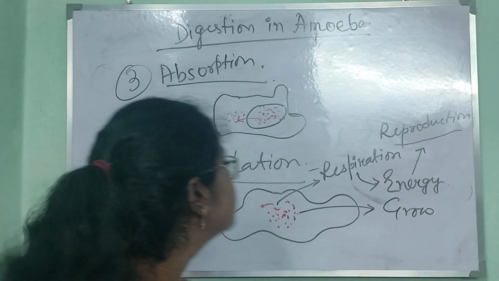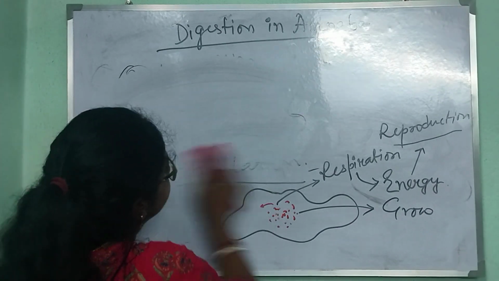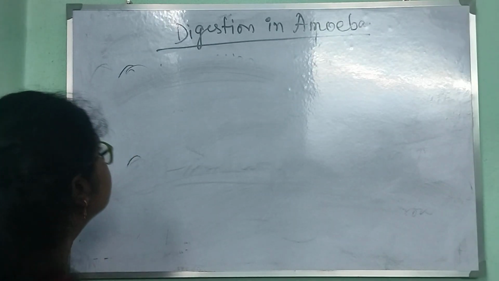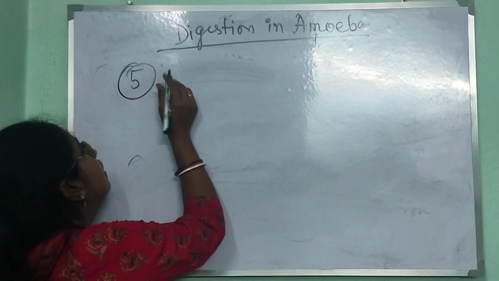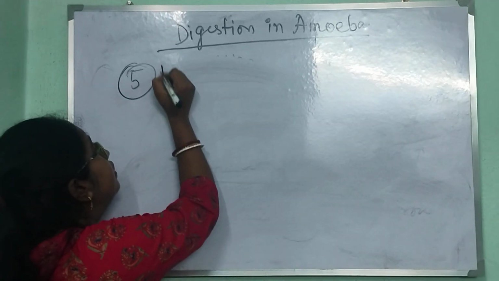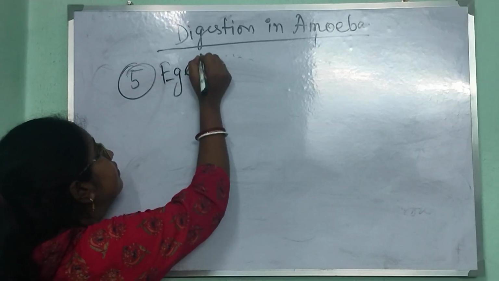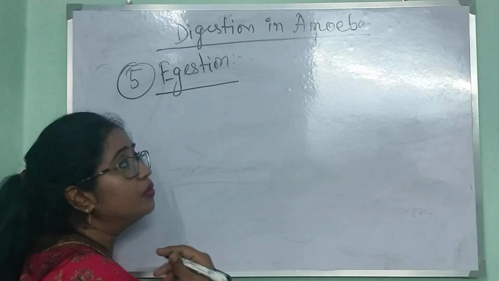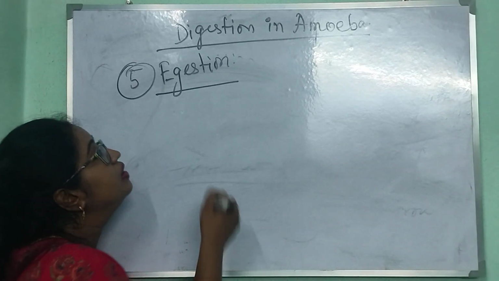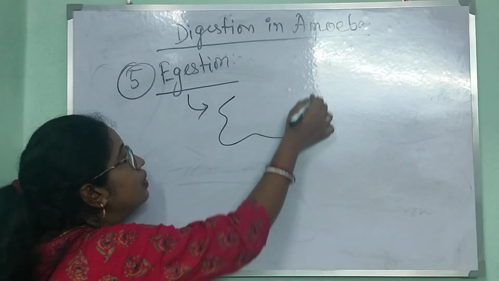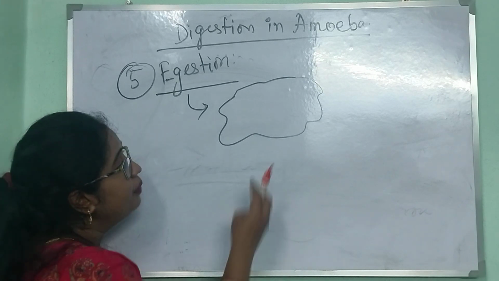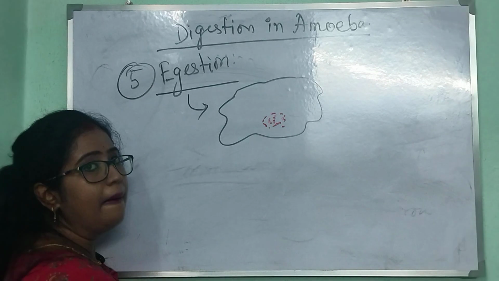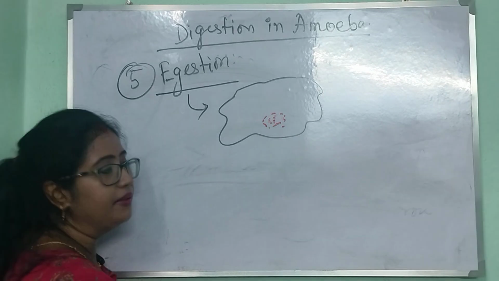The last process is egestion. After all this process happened, when the food material is utilized for energy requirement, body growth or making of body parts, the extra or undigested food material is thrown out by the amoeba cell.